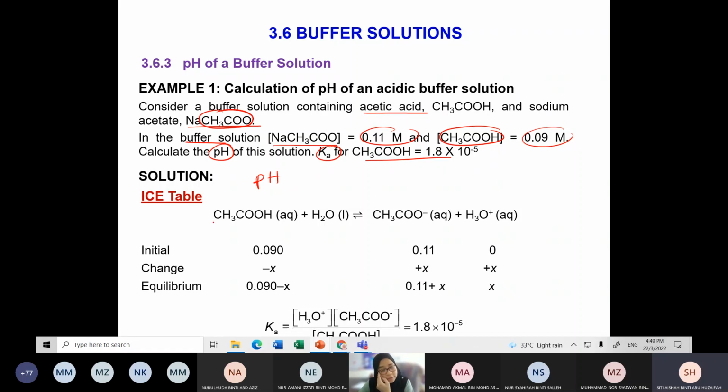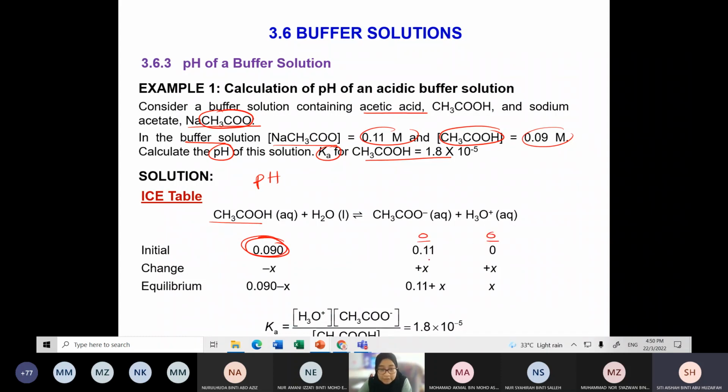If we are using the ICE table, you need to have the equation and then this ICE table. Initially, we have CH3COOH, and do you see the difference? Normally, in the ICE table we used before, the initial values were 0 and 0.